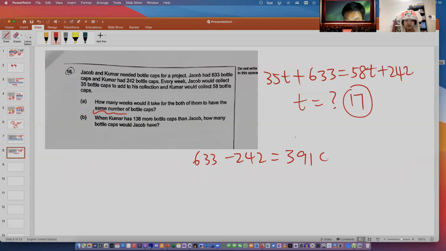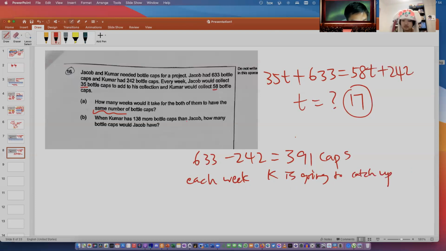So this is the difference at the start. Then you want to find out after each week, Kumar is 58 and Jacob is 35. So that means each week Kumar is going to catch up 58 minus 35, which is 23.